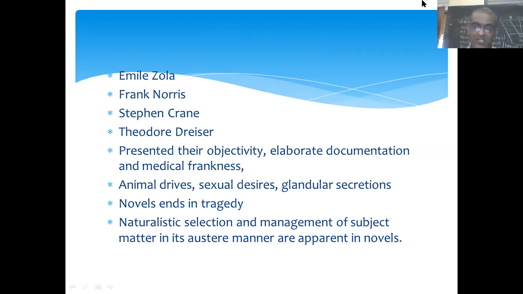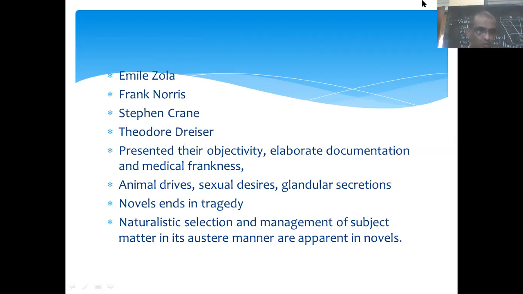So such a detailed description goes up to the glandular secretions. Such novels are the product of psychology, product of powerful drives. And if the characters are depicted with such forces, such novels are definitely in the tragedy.